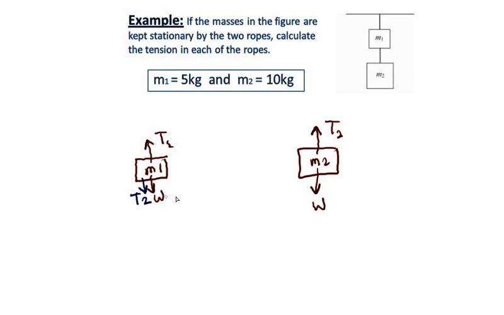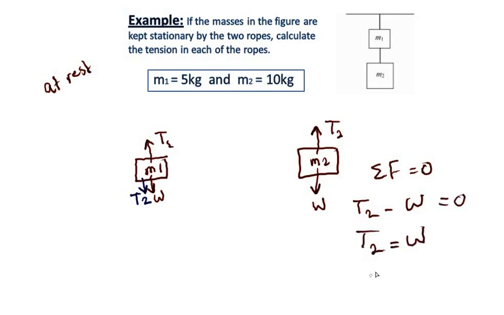If the whole system is stationary or at static equilibrium or at rest, then sigma F equals 0 on both of the masses. Sigma F on mass 2 is T2 minus weight. This is equal to 0. T2 equals the weight. The weight of this mass is m times gravity, which is 10. This is 10 times 10, or 100 newtons.